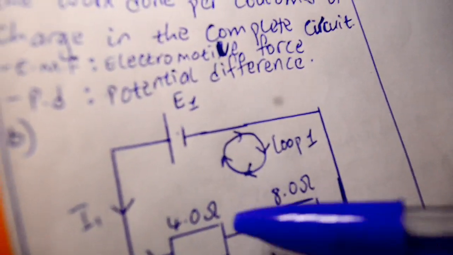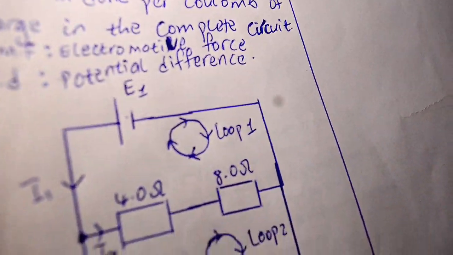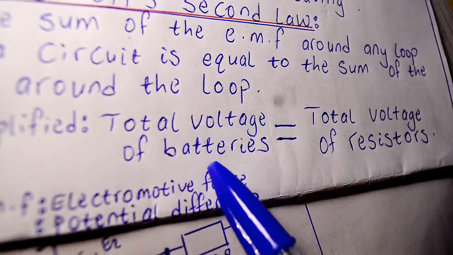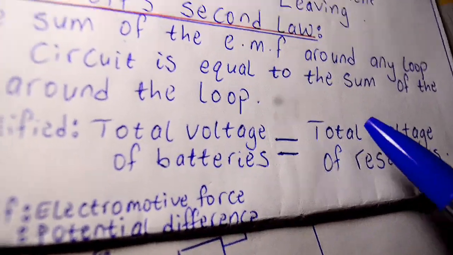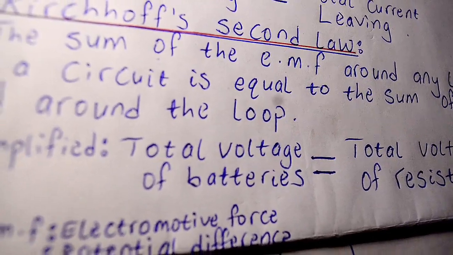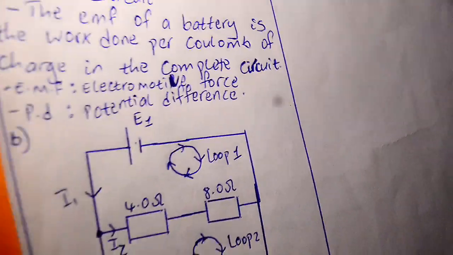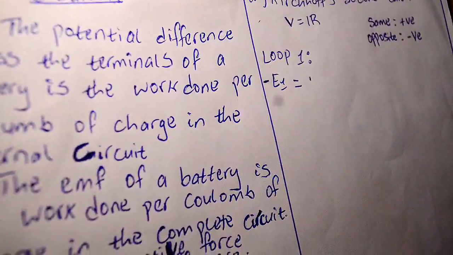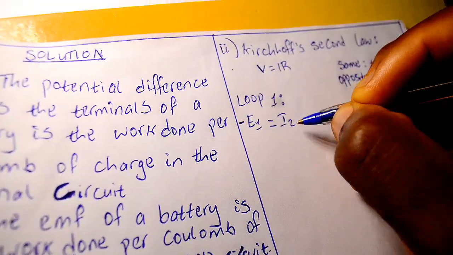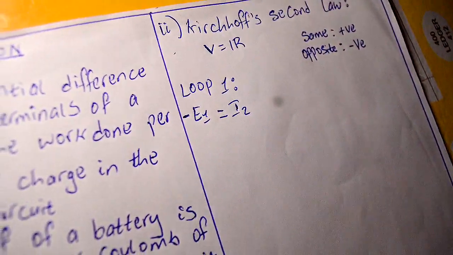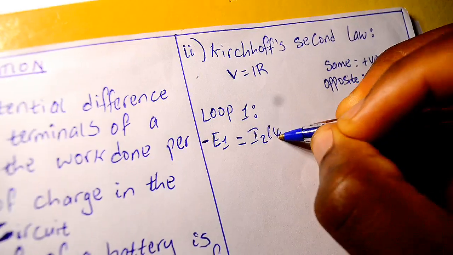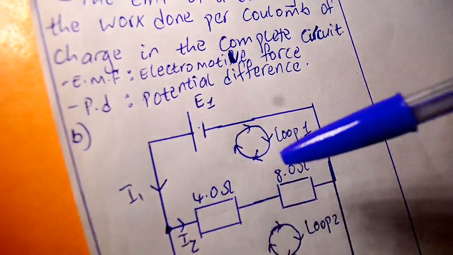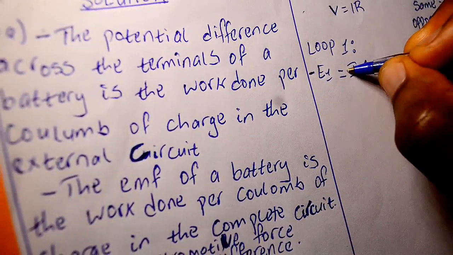Next, this equals the total voltage of resistors. You are done with the voltage of batteries because there's only one battery there. Now you are doing the voltage of the resistors. Remember, voltage is equal to IR. Current to it is I2, its resistance is 4 ohms, and it must be negative because current is moving like this and the loop is going like this.